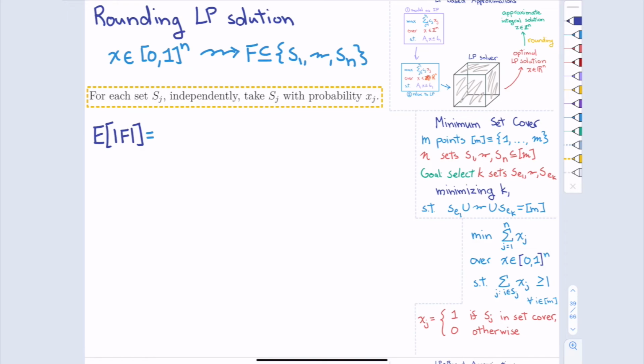Okay. So let's work through some simple calculations. So this time I'm interested in two things. Last time I was just interested in how many constraints I satisfy, but here we have to satisfy all the constraints, and then I'm also interested in the objective. So there's a little more going on. So what's the expected number of sets I take?